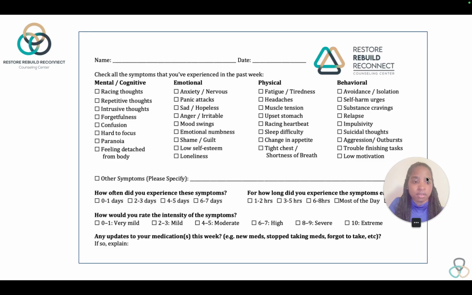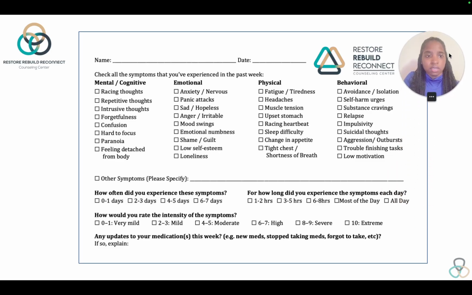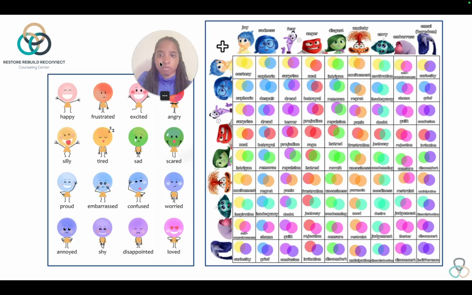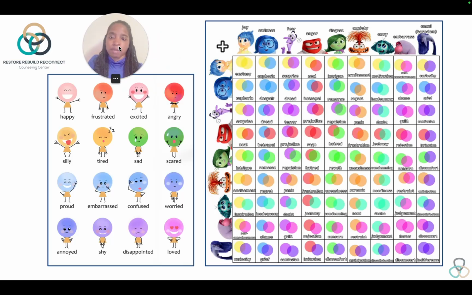And then here's an example. This is something that I like to use to check in on clients' symptoms. I would use this for more advanced clients who do have that cognitive processing. In contrast, with these, I might check in with a younger client or maybe a client who isn't as cognitively advanced.